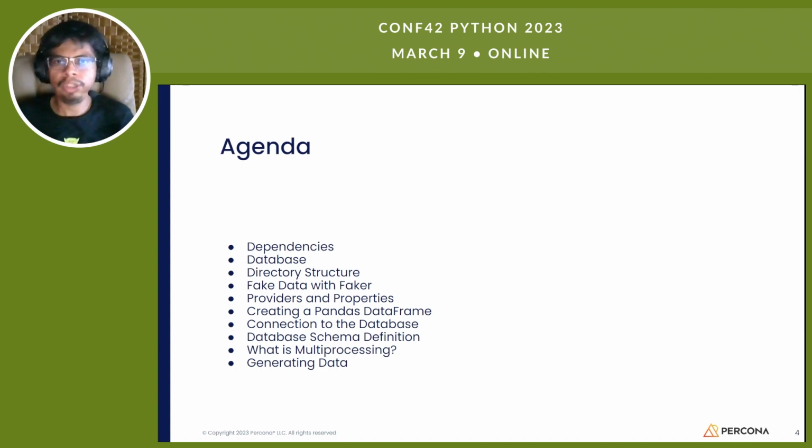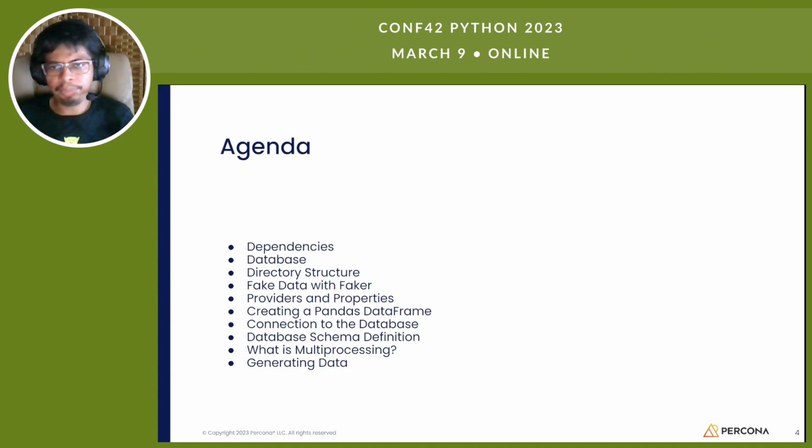We have two options here. We would use SQL Alchemy for establishing the connection to our MySQL or Postgres database. And SQL Alchemy has a schema definition language that we can use for defining the schema.